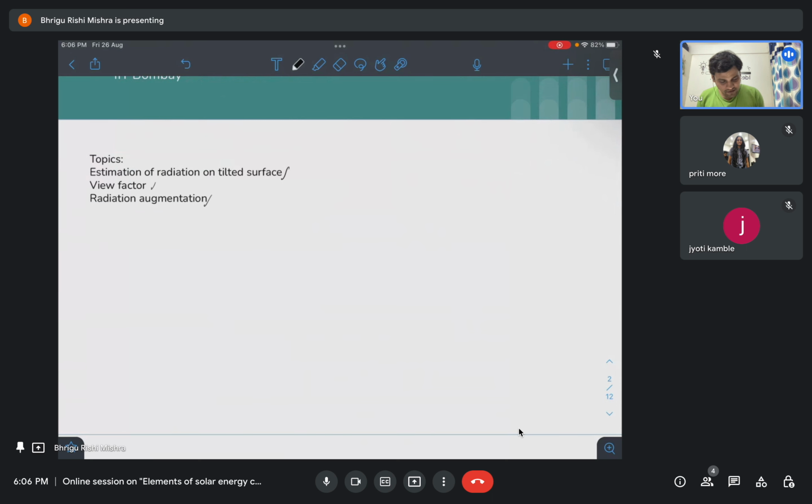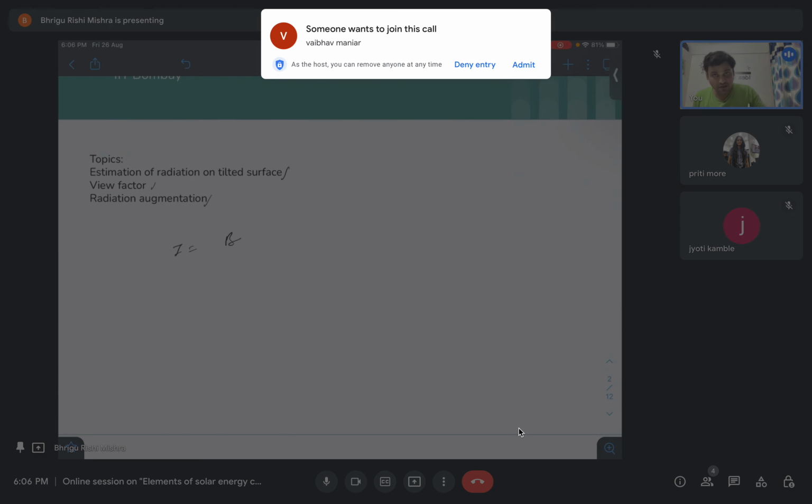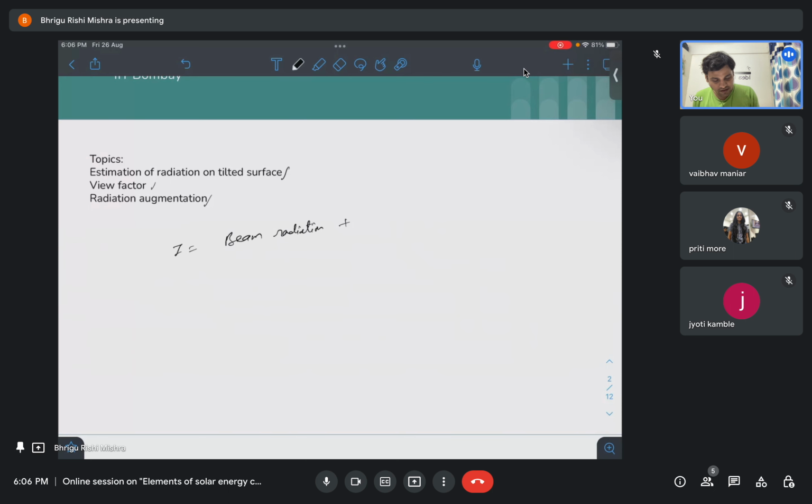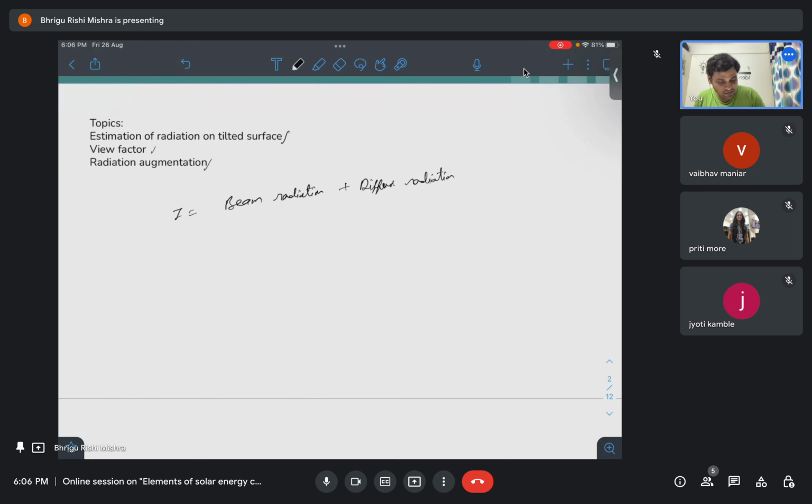So for a tilted surface, the radiation consists of two types of radiation: beam radiation as well as diffuse radiation. Okay, and we want to calculate it on a tilted surface whose tilt angle is beta.